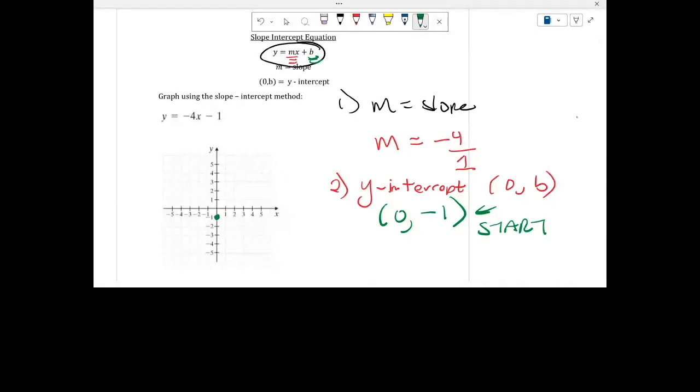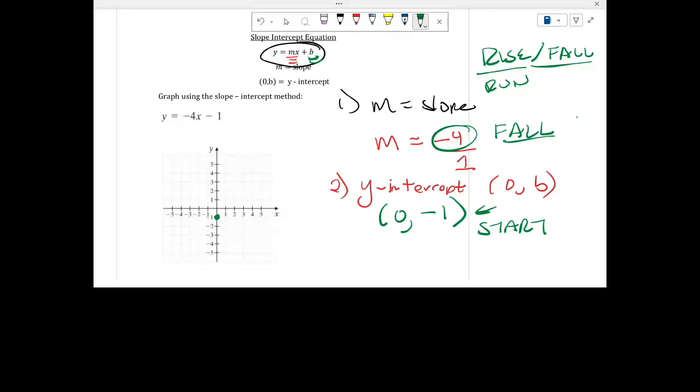Now, since my slope is a -4 over a +1, y'all, usually when we talk about the slope, you may have heard the run. I sometimes call it the rise or the fall over the run. In this case, because my top number is a -4, I'm going to fall 4 spaces down.